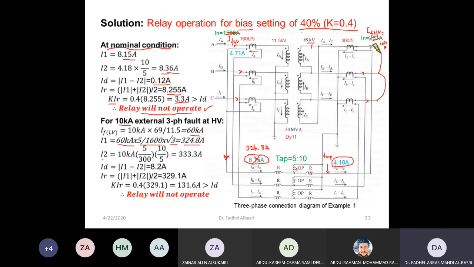And the LV side, I2, because I have a tap, so this current 10K here, I will divide by the CT ratio, it gives me this current, and then I will multiply by the tap of 10 over 5 to get this current, I2, to the relay. So I2 is 10K divided by the CT ratio times 10 over 5. I'll get the current here after the tap, which will be 333.